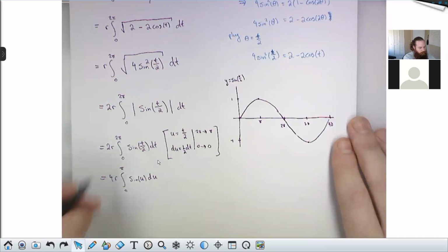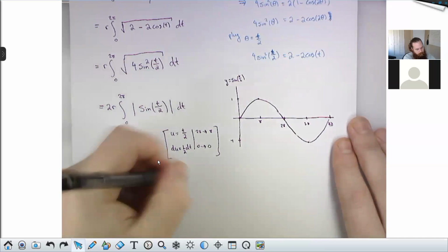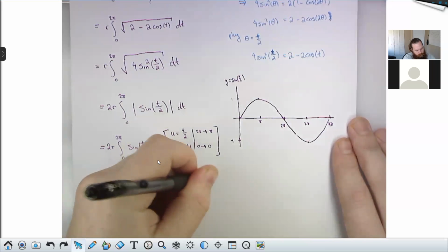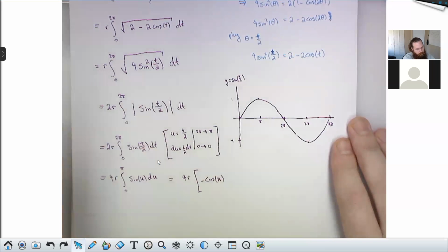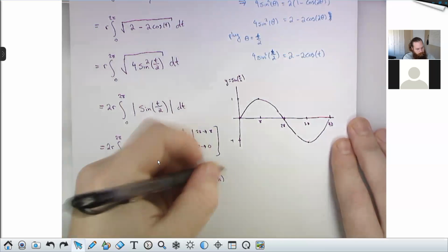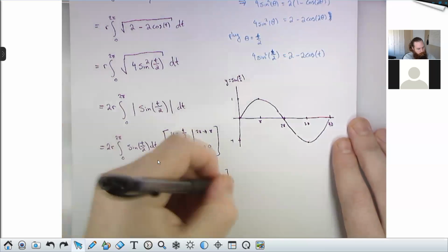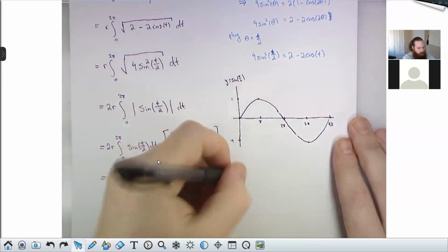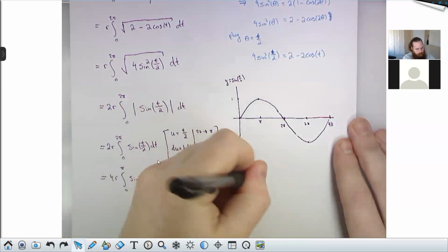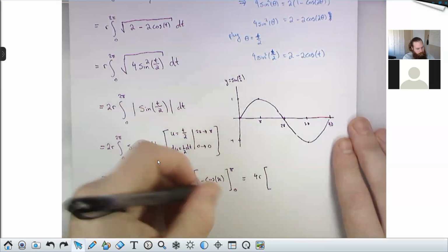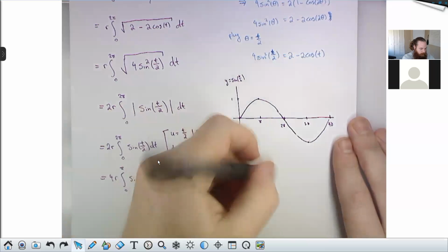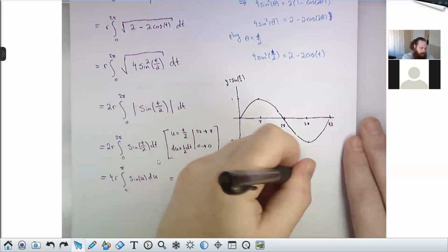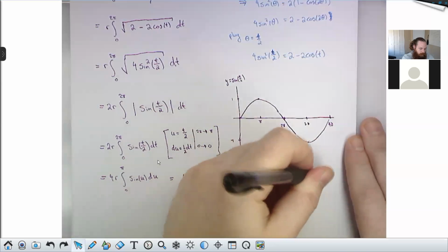An antiderivative for sine u would be negative cosine of u. And we'll evaluate that from 0 to pi, which is going to be 4r times negative cosine of pi minus negative cosine of 0.